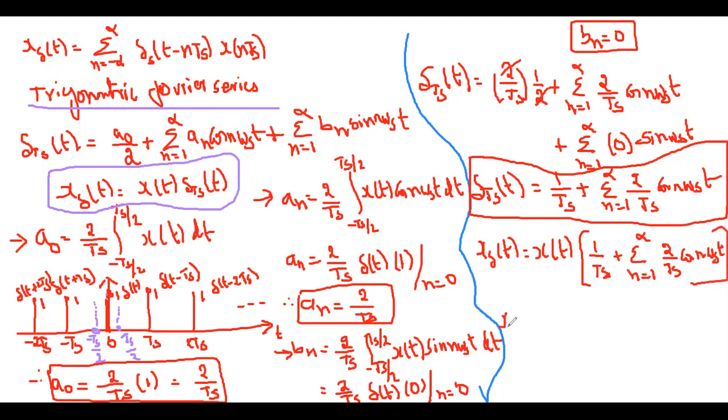Rewrite this function: x delta of t is equal to x of t by ts plus sum of n is equal to 1 to infinity of x of t by ts, with the 2 written outside, into cos n omega s t.